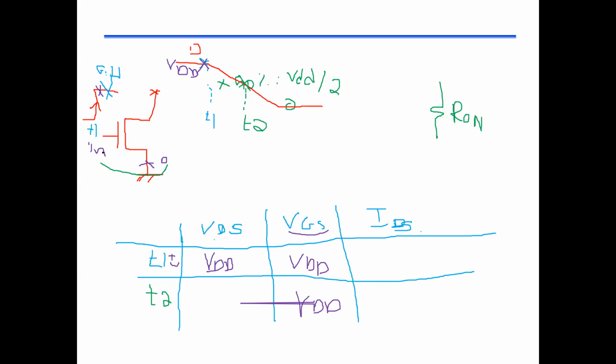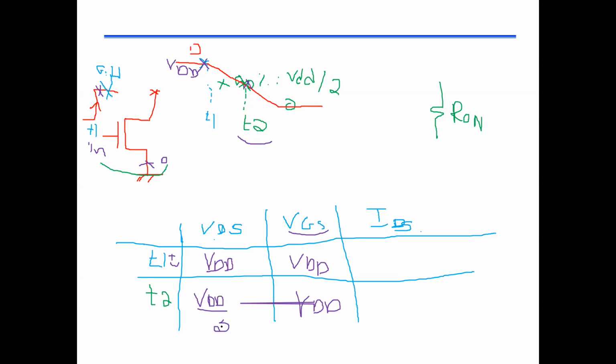The one that keeps slowly going from the previous state to the next state is the drain. So drain at T1 was VDD. It did not yet have time to drop. And at the 50% point at T2, it reached half its target value, which is VDD over 2.